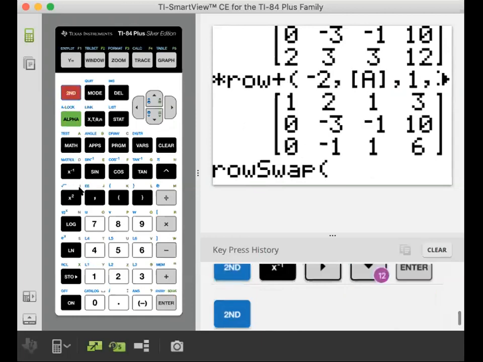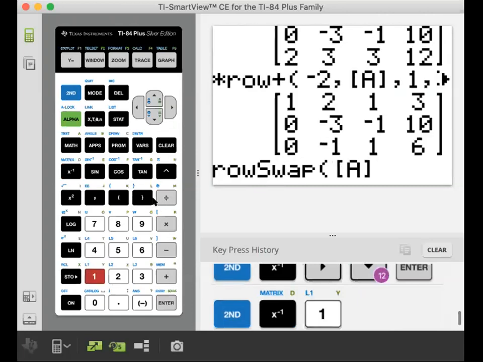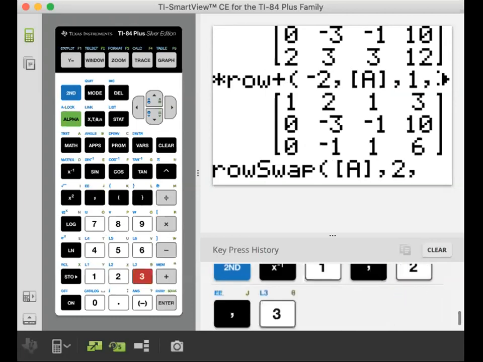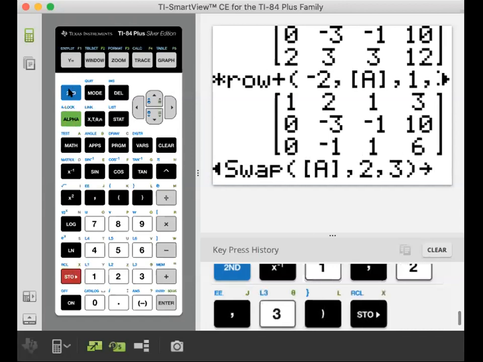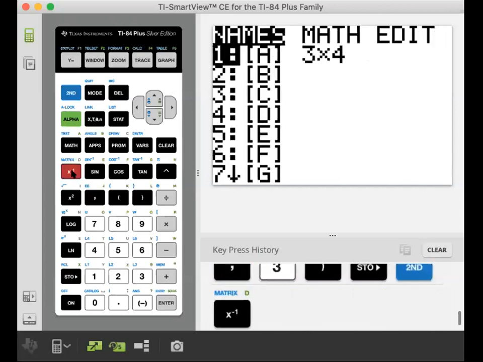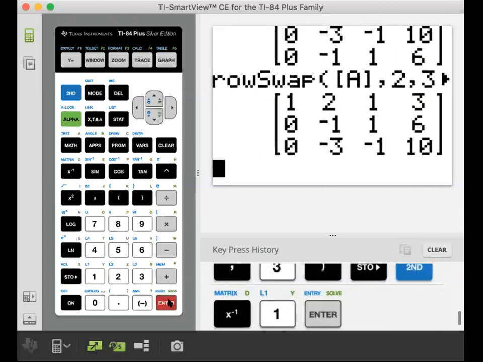I don't know who thought, user interface, to not make that the case for all of them. And just say which 2 rows am I going to swap. So swap row 2 and row 3. And don't forget, we want to also store it in second matrix A. If I don't do that, it will do it, but it won't save it. So now those rows are changed.